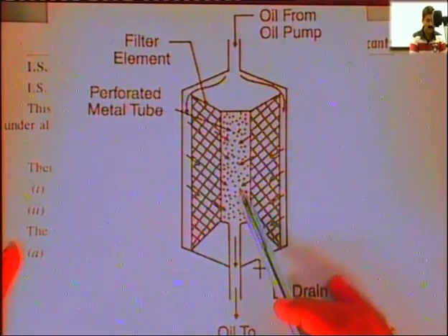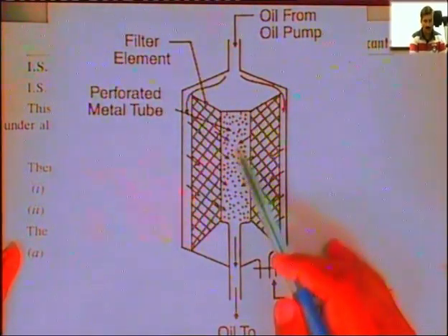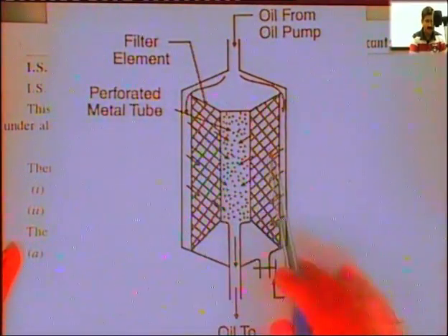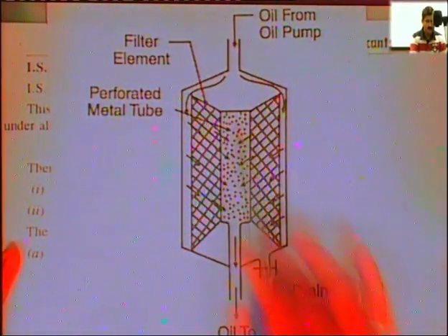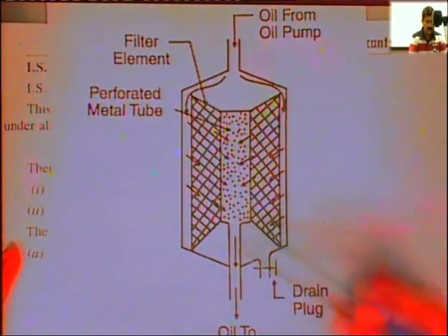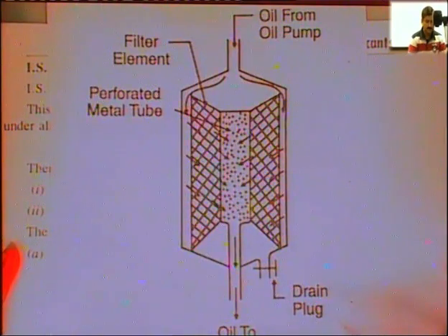Perforated metal tube means there are very small holes in this tube, and after filtering from this filter element, the oil goes to this perforated tube, and from here the clean oil goes to the gallery.